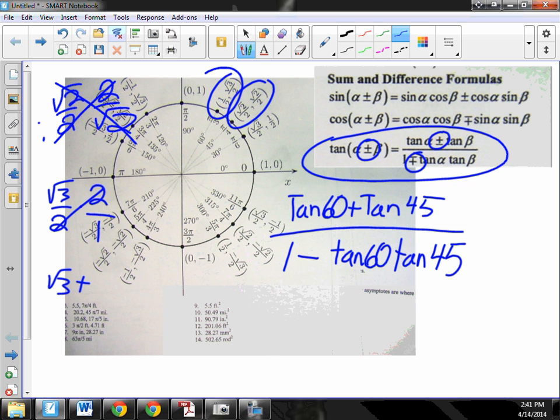Everything cancels, so I'm left with 1, which is nothing in terms of multiplication. So plus 1 over 1 minus, I already know what the tangent of 60 is. It's root 3. So that saved me a little bit of time. And I know the tangent of 45 is 1. So that's just root 3 plus 1 over 1 minus root 3.